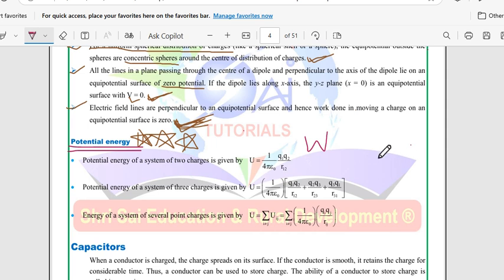Such energy is called electrostatic potential energy.